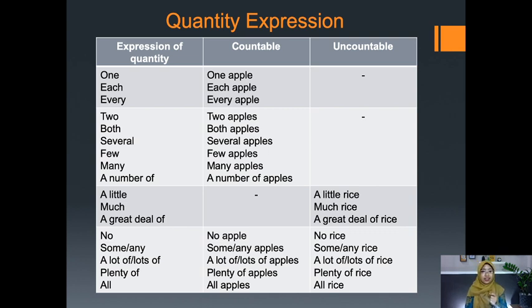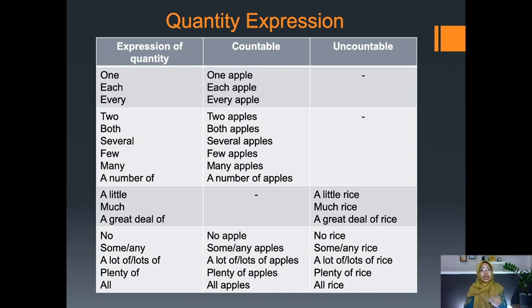Okay. So for countable, we can use 1, each, every, 2, both, several, few, many, and number of. So when you have this type of expression, you should follow them with a countable noun.